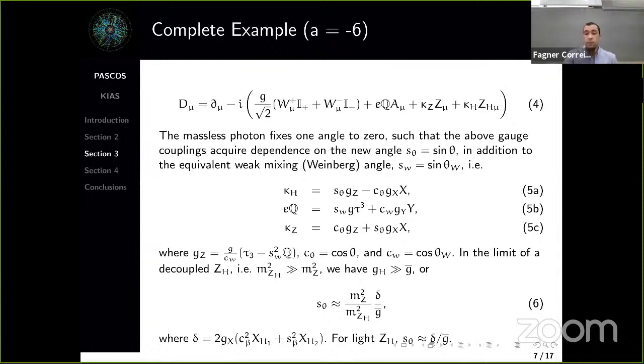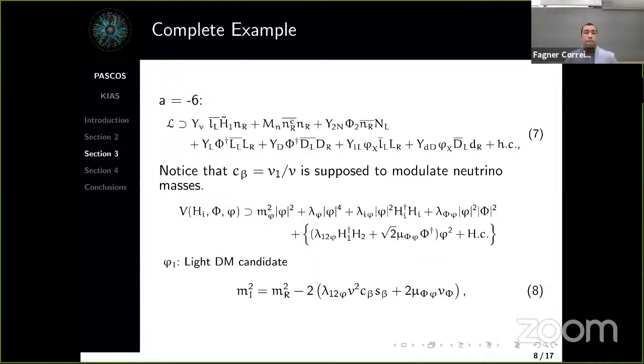for processes where leptons are involved anyhow. Then we select one very specific model, where we choose that parameter A is equal to -6, and that implies this subset of our Lagrangian.